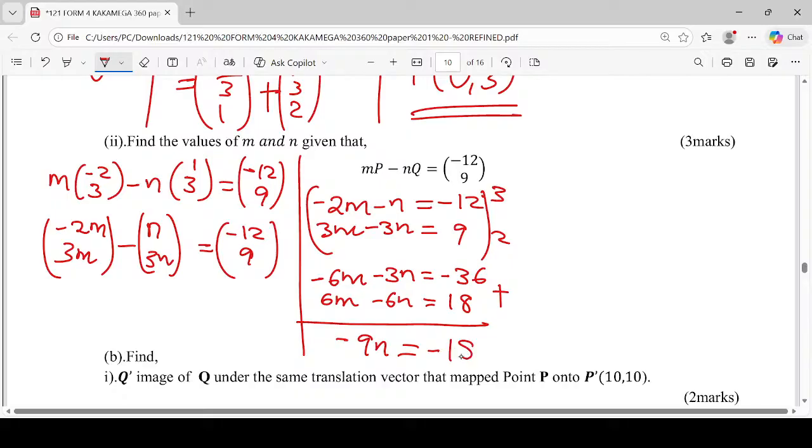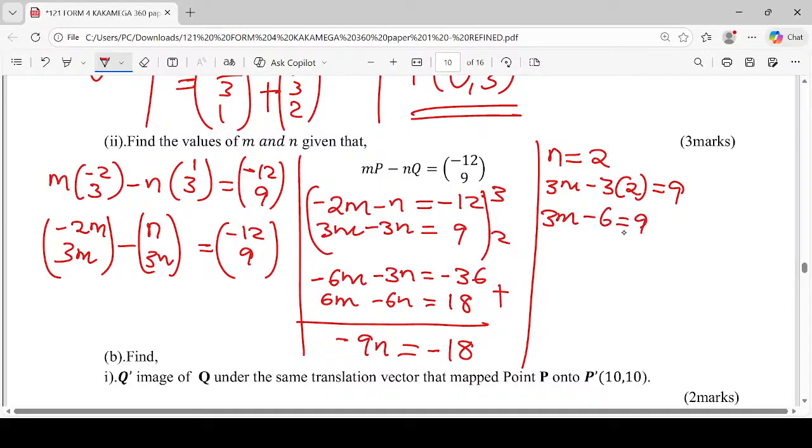In that context, if you have negative 9n is equal to negative 18, then it will mean the value of n is going to be equal to 2. And if n is 2, to get m, we're going to have 3m minus 3 into n, which is 2, should give me 9. So this will be 3m minus 6 is equals to 9.